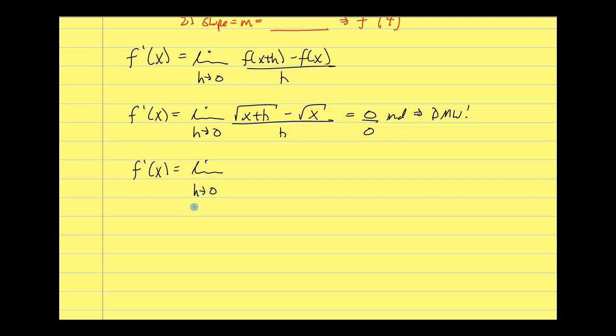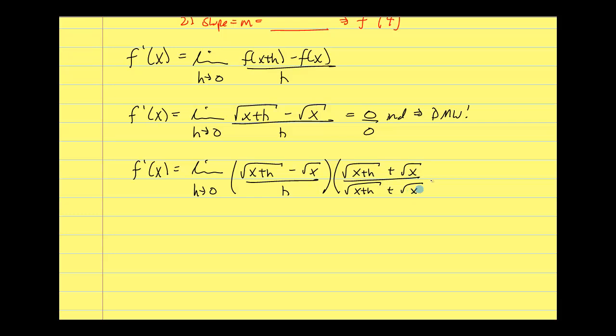Looks like to me that we could multiply by a conjugate. So let's go ahead and look at root of x plus h minus root x all over h, and then the conjugate. Now the conjugate will be the conjugate of the numerator, of course, so that would be root of x plus h plus root x. And whatever you do to the bottom, you have to do to the top. Basically what I've done here is multiply by 1, the multiplicative identity.